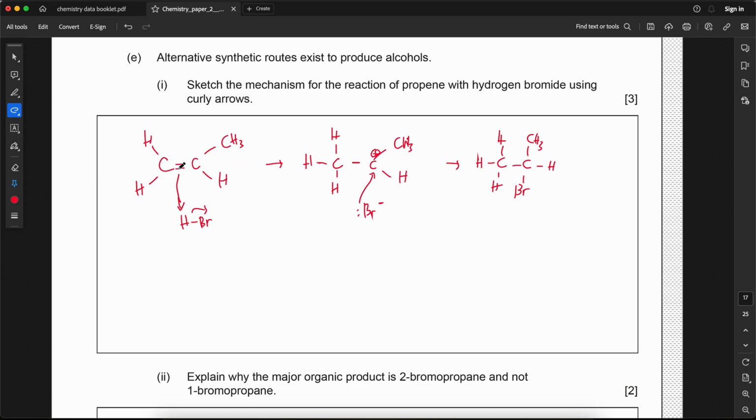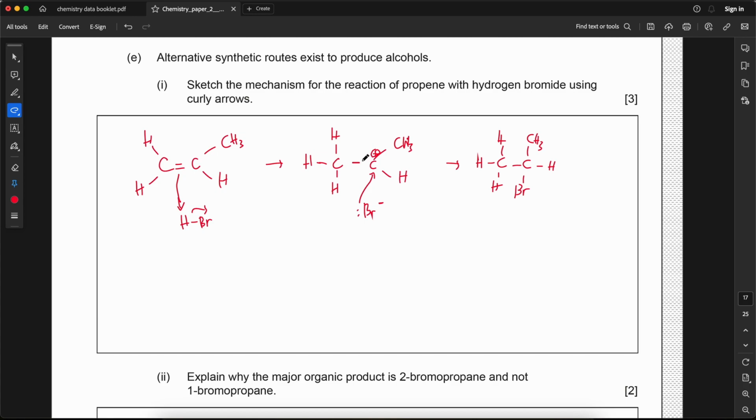So weak pi bond in the propene acts as a nucleophile, donating 2 pi electrons to an electrophile, which is H. HBr has a polar HBr bond where the H atom is an electrophilic center. A pair of electrons from the carbon double bond are used, forming a new bond with H, and Br will split.